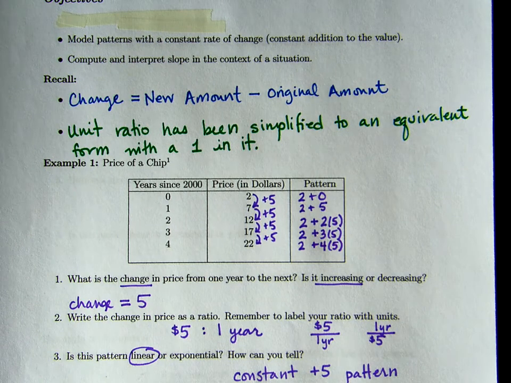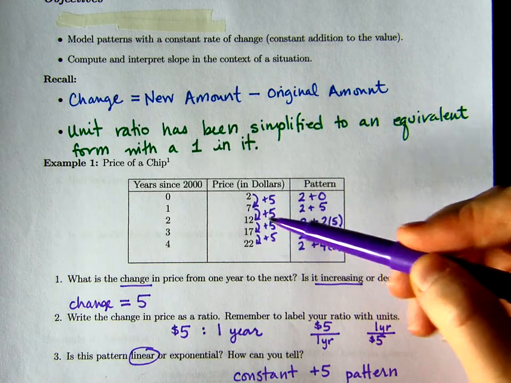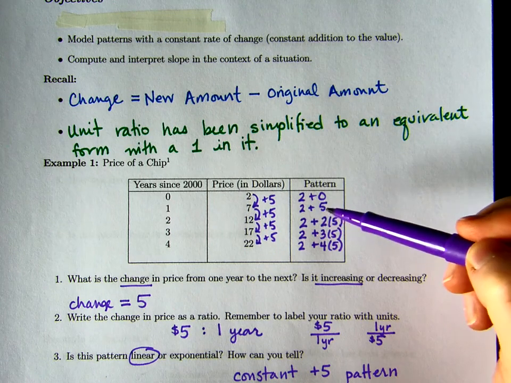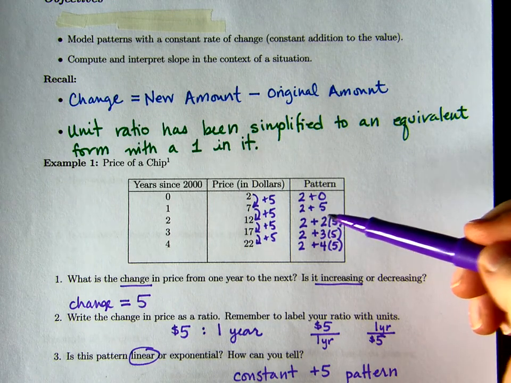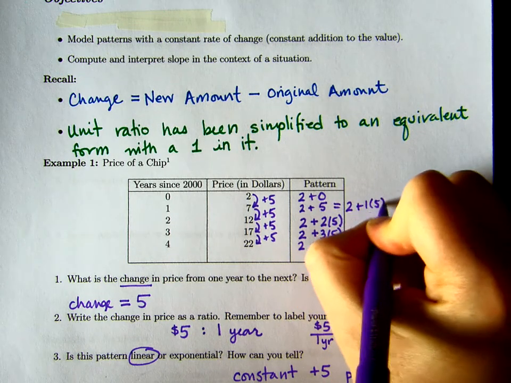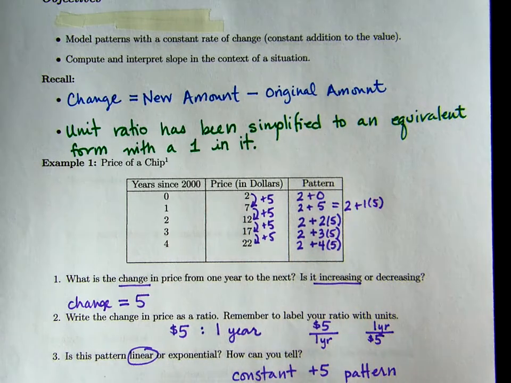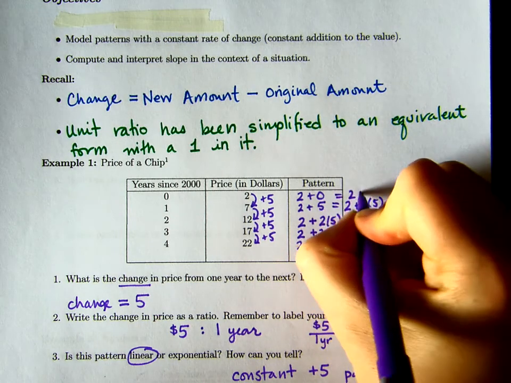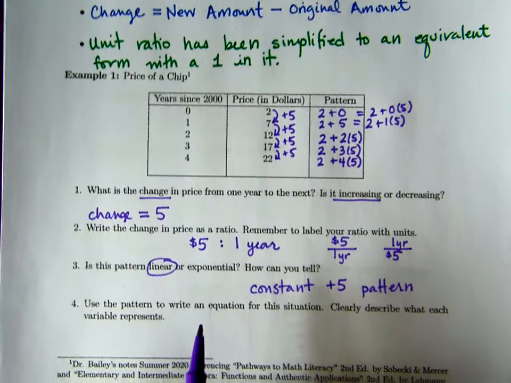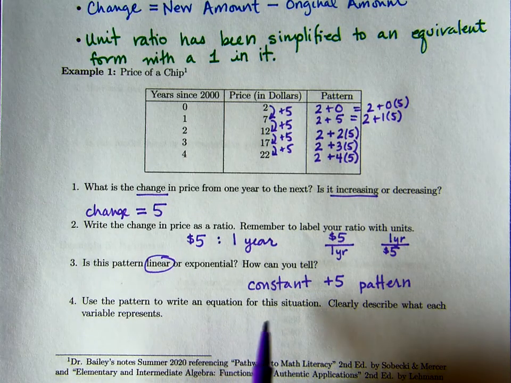Yeah? So we had used how many times 5 was being added in order to write it like this. And we could even rewrite this 2 plus 5 as 2 plus 1 5 added. Okay, so 2 plus 1 5. 2 plus 0 5s. Just to complete this pattern. So use the pattern to write an equation for this situation.